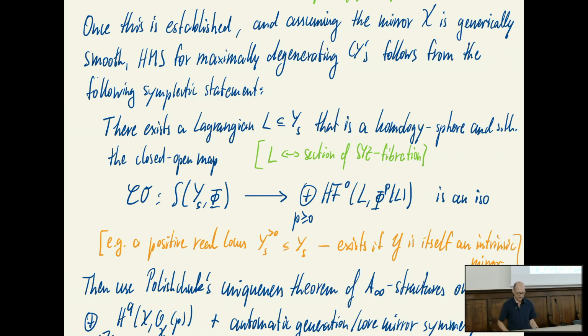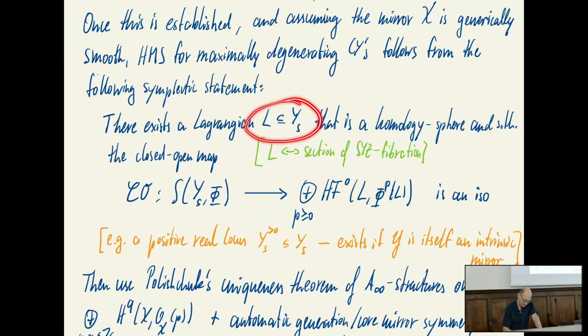That's not automatic. And then we need a Lagrangian in there that looks like a homology sphere and is good Floer theoretically. So if we have a positive real locus in the Y geometry, this would be one of the good cases, okay?